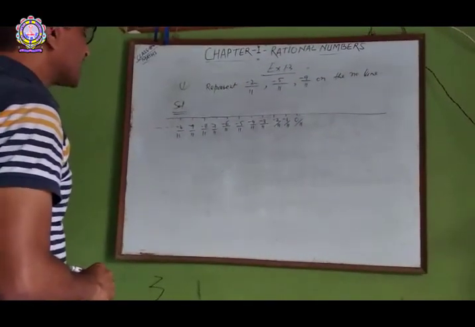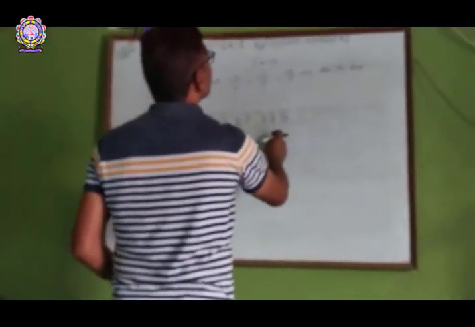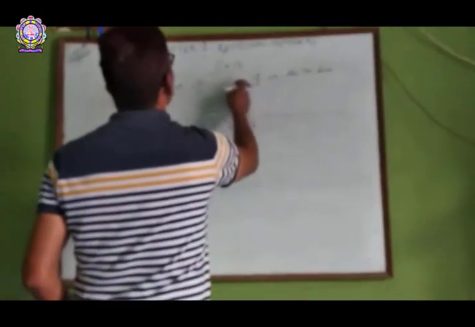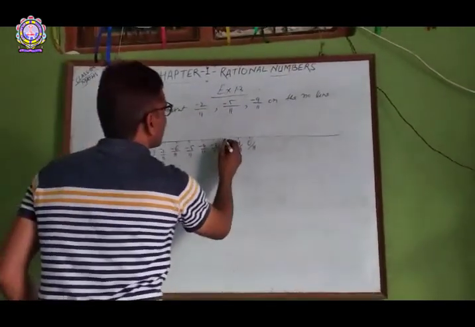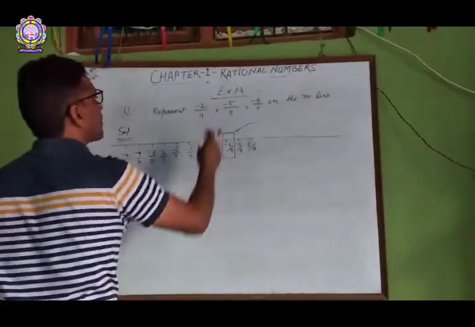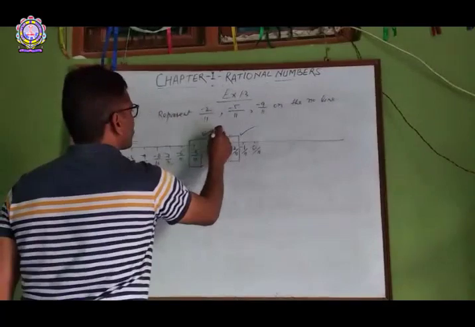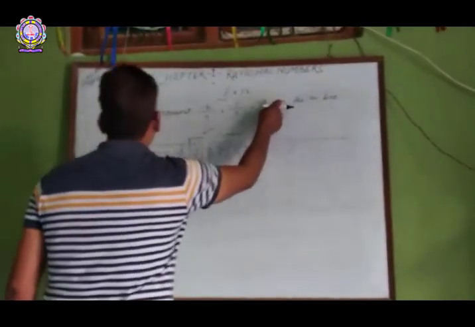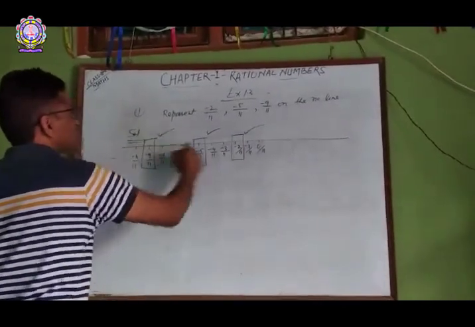Now you can see easily the numbers to be plotted. Here is minus 2 upon 11, this is the first number. Here is minus 5 upon 11, and here is minus 9 upon 11. This is the answer.